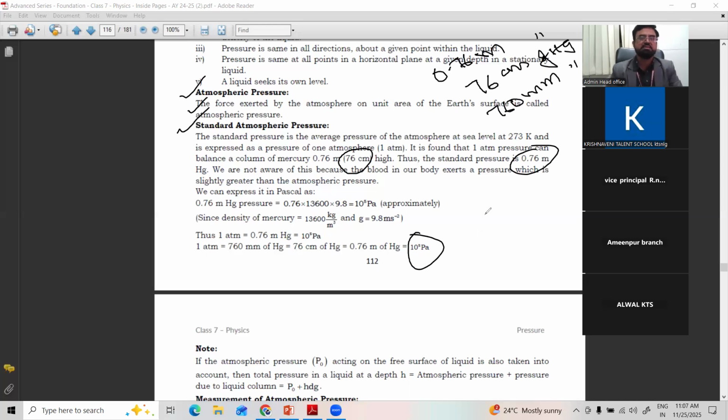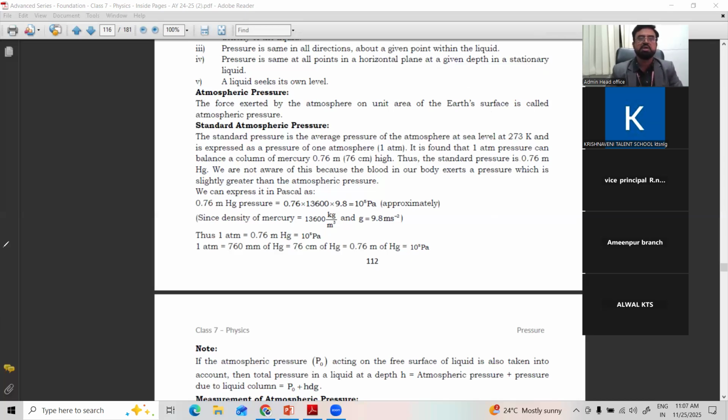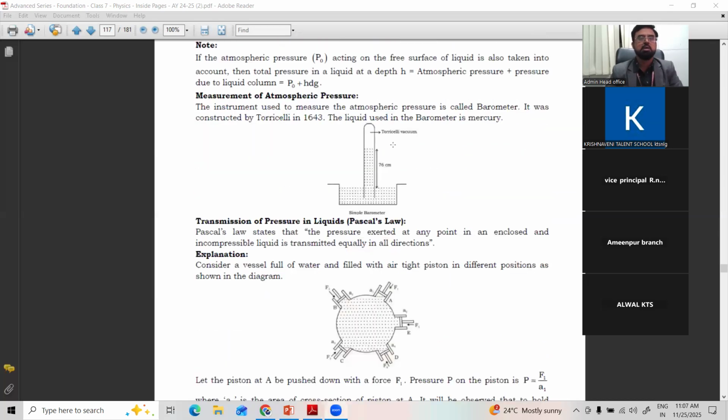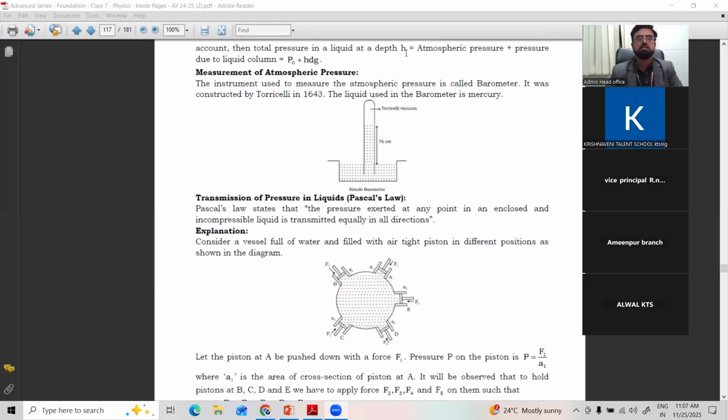Right? 760 mm or 76 cm, all given here clearly. That is the pressure exerted by atmosphere on surface of the earth is called atmospheric pressure.